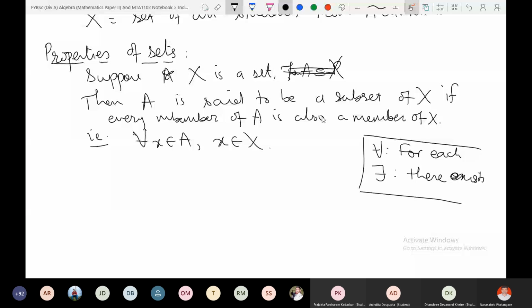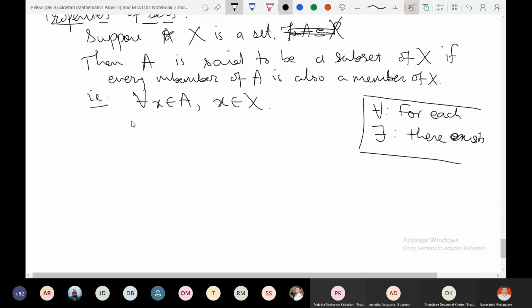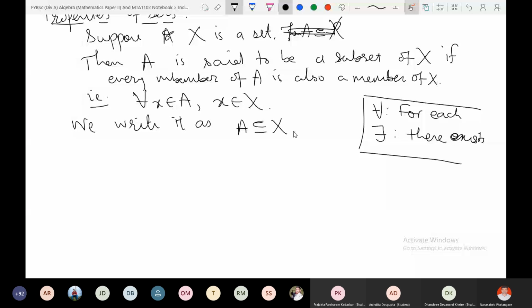If you choose any member of A, you just close your eyes and choose any member of A and then open your eyes, you will find that that element is a member of set X. If it happens to be true for all members, then the entire set lies inside X, right? So we write it as A is a subset of X. This is the notation for subset.